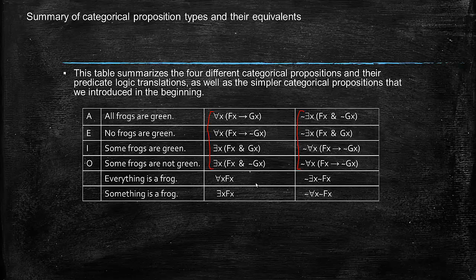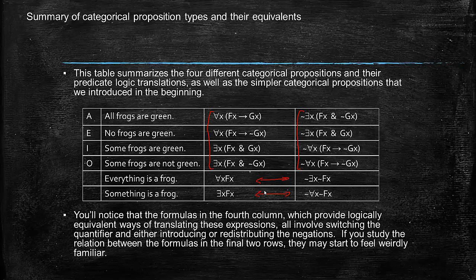Now, if you pay real close attention to the relationship between these two and these two, it might actually start to look kind of weirdly familiar. Notice what would happen. Suppose you took this negation right here, and you were somehow allowed to just move it in here. So now this is double negated. So now it said, not F x.